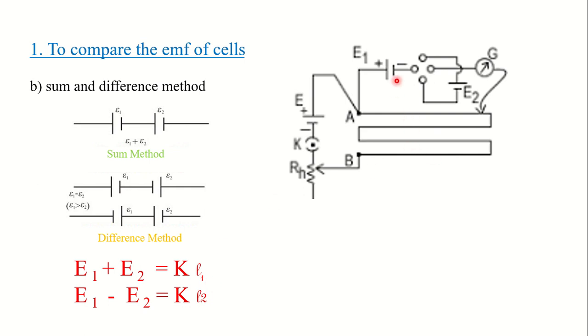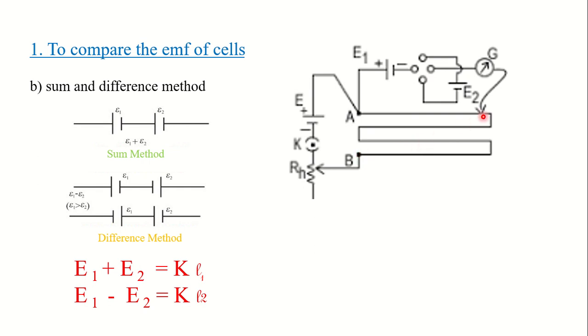Same way, you will continue with difference position, that is, you are putting the keys in this point and this point. So, both the cells are opposing each other. Again, you tap the jockey at A and tap the jockey at B. See that the galvanometer shows deflection in two opposite directions.